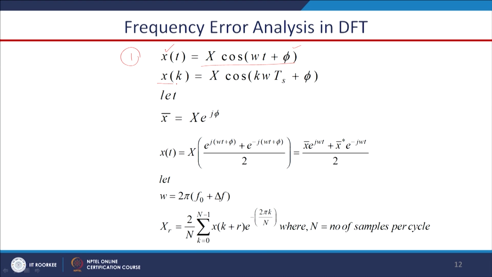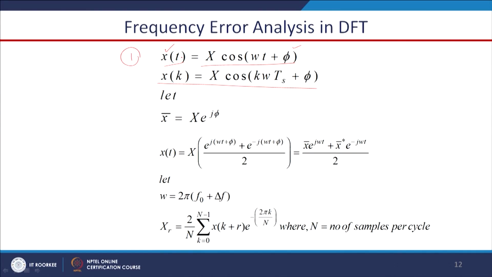And this small x(k) is the signal in the discrete domain, whereas x(t) is in the analog or continuous time domain, and x(k) is the signal in the discretized time domain. The only difference here is that in place of t, we have to replace it with k times Ts, as already discussed: when a signal in the time domain is converted to the discrete domain, t is replaced by k Ts.